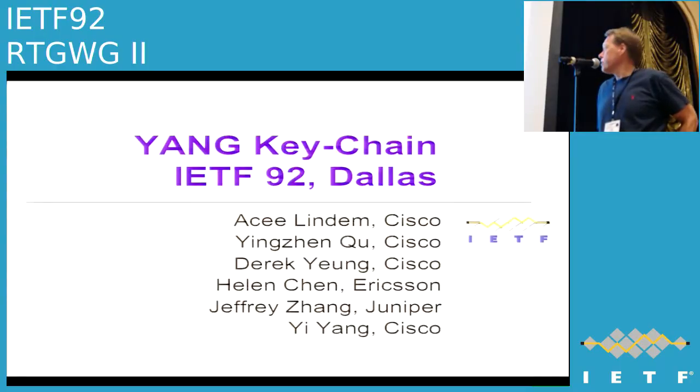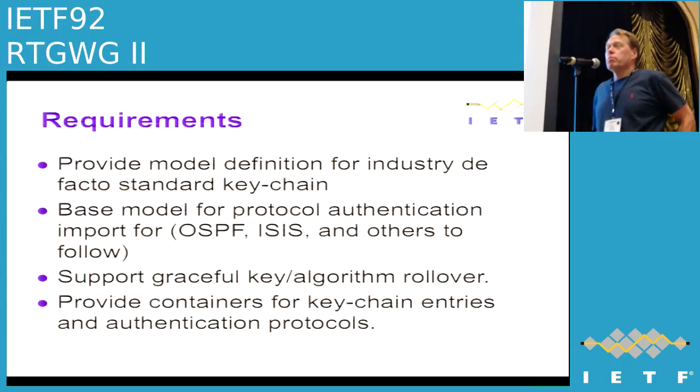So when we first started doing this, we went through a number of iterations until we ended up with this model. The requirements were we wanted a reusable keychain that would allow graceful rollover of keys.